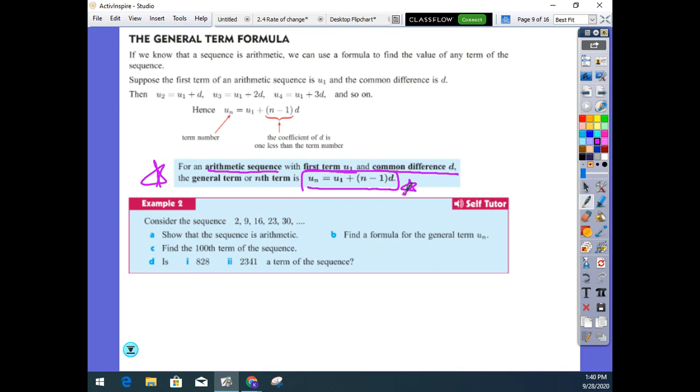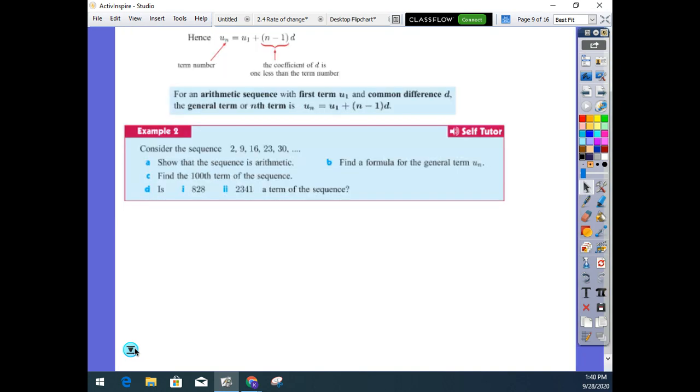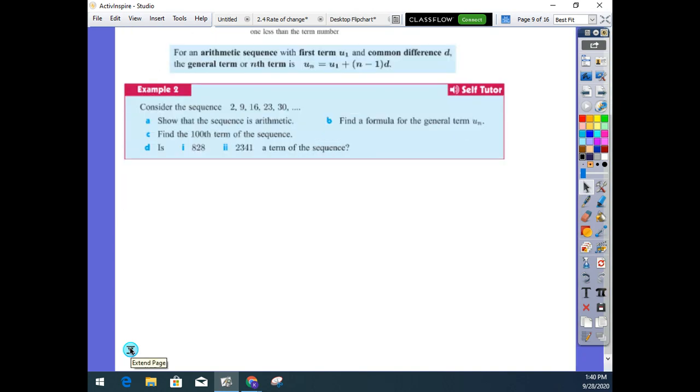All right. Just going to make a little bit of room. So part A says, show the sequence is arithmetic. What makes it arithmetic? The difference between each set of numbers is the same. 9 minus 2 is 7. 16 minus 9 is 7.